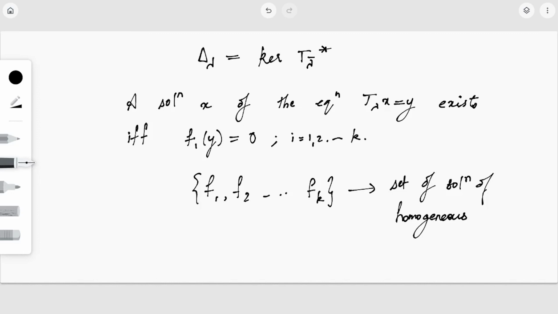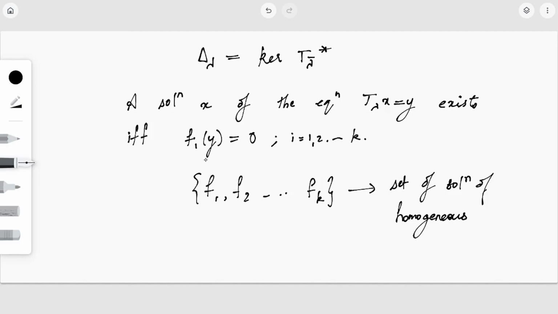So if this condition is satisfied corresponding to the dual homogeneous equation, then the given equation will definitely have a corresponding solution. We can easily find it once we know the value of y, because f_i and y are related; there will be a corresponding relation between them.